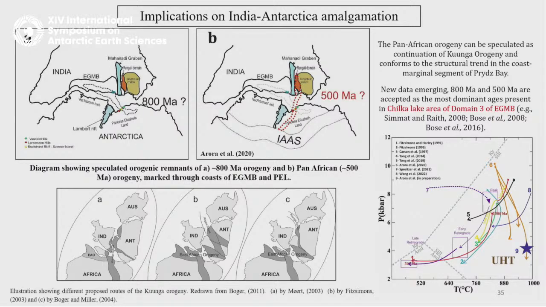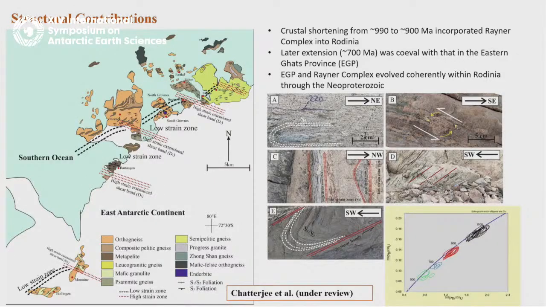So which has also been done, and I'll discuss that quickly. Now, as I said, the microstructures which are similar, which are observed there by very detailed structural work, and their extension also, we correlate with the Eastern Ghat of India. And then these are dated also.